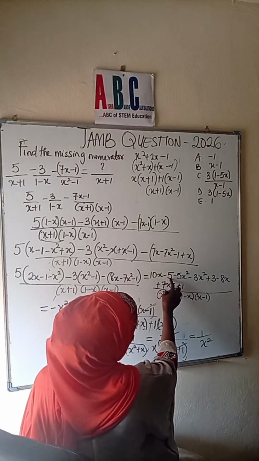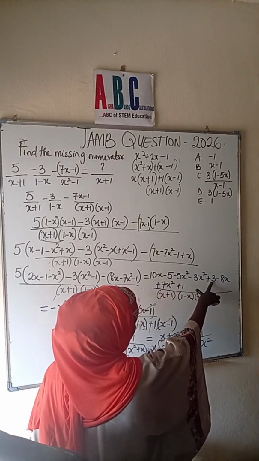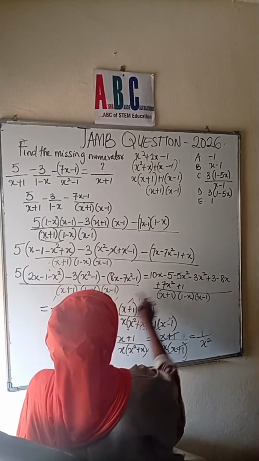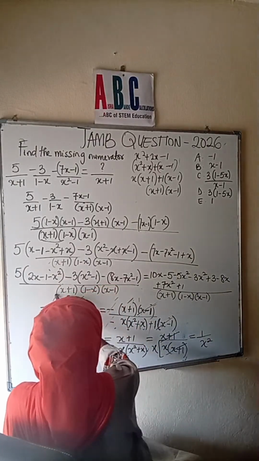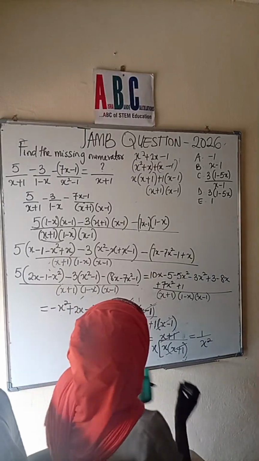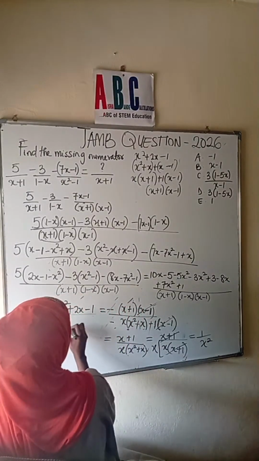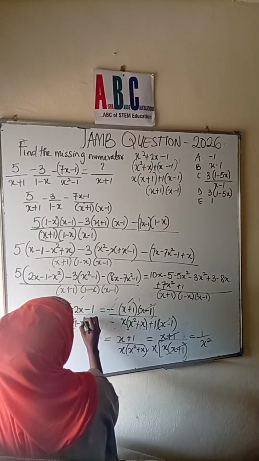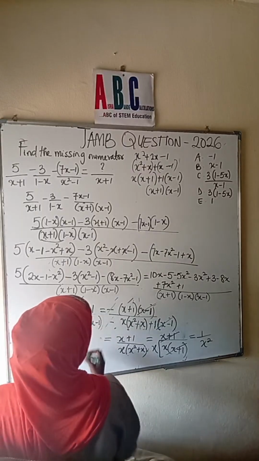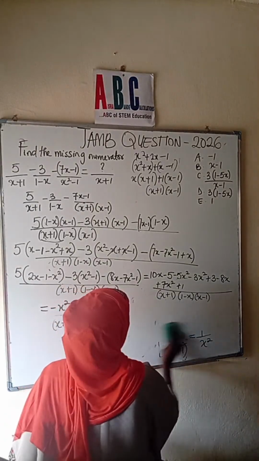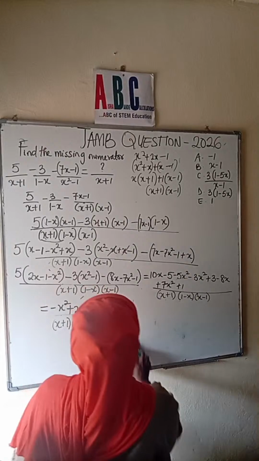Then we have minus 5 plus 3, which is minus 2. Minus 2 plus 1 is minus 1. So that's how we got these values here. So this is all over x plus 1, 1 minus x, and x minus 1. Guys, please let me check so that we are sure that there is no error. It is error free. So let's keep simplifying from here.